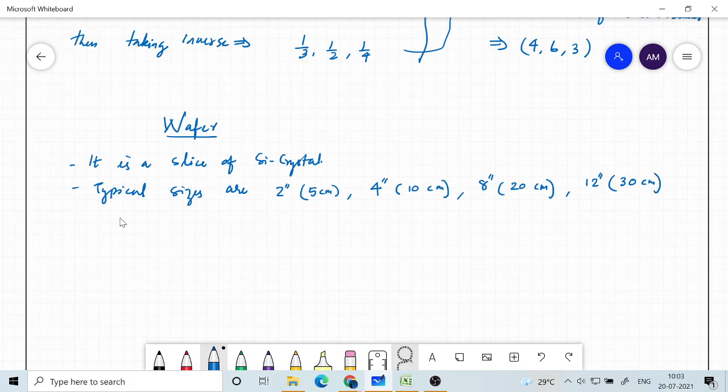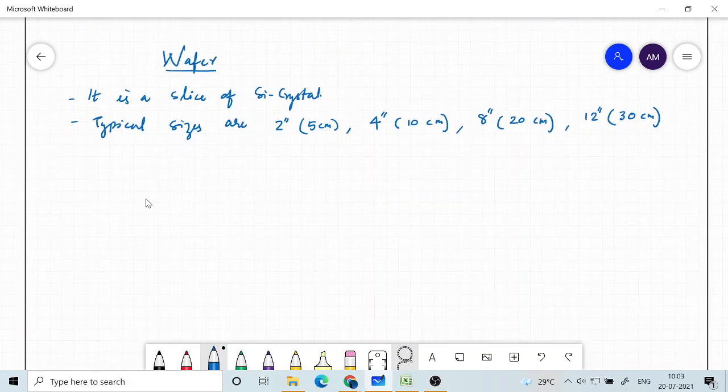There are certain ways in which we specify the type of wafer. The wafer may be a doped wafer. It may not be pure crystalline silicon, but silicon which is doped, because we have seen that we start with the P substrate, and then if you want to create a PMOS, we create an N well inside it.